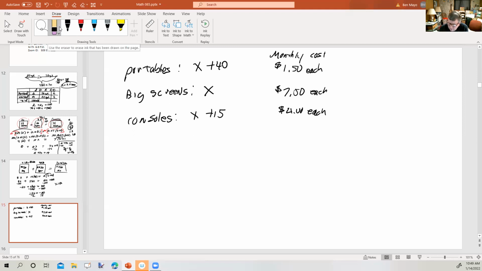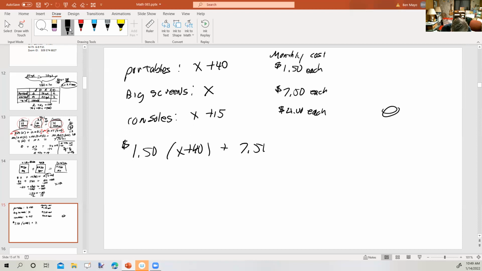So if we take the cost of an item times the number of items, wouldn't we get the total cost? So $1.50, the cost per portable, times the number of portables, plus $7.50, the cost per big screen, times the number of big screens, plus the cost per console times the number of consoles.